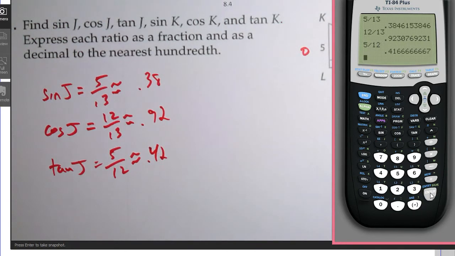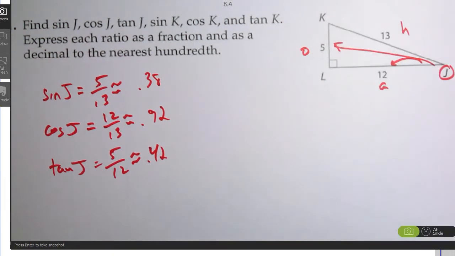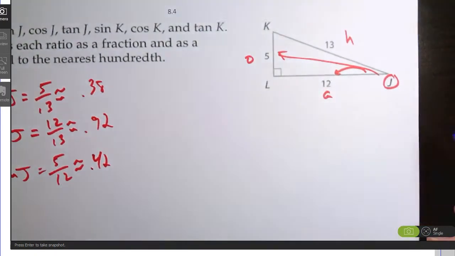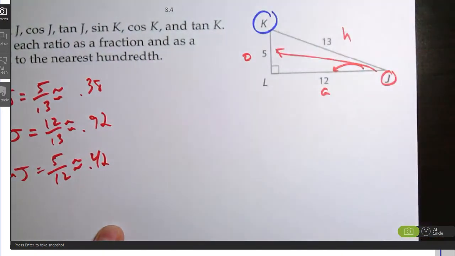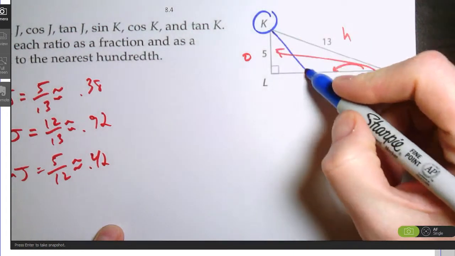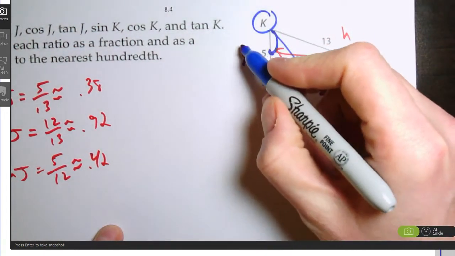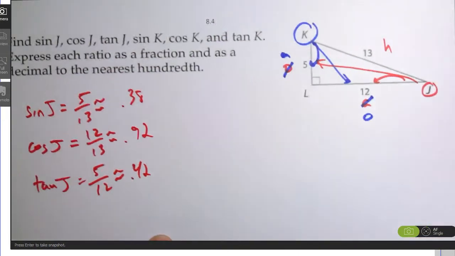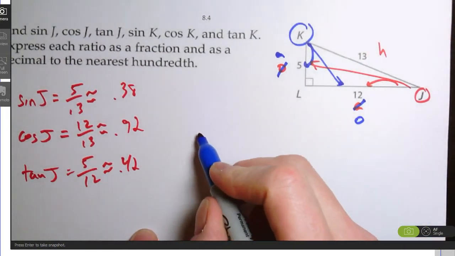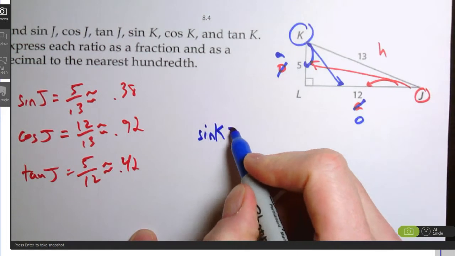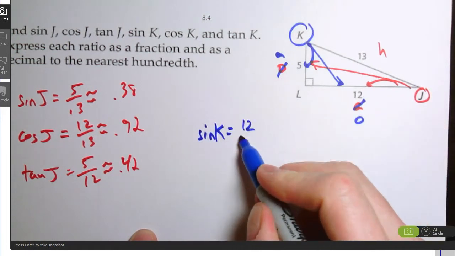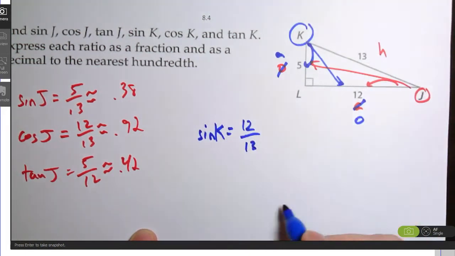Okay. Now the next part of this is to do sine of angle K, cosine of angle K, and tangent of angle K. Where here's angle K. That's now the opposite. This is now the adjacent. So the sine of angle K will be opposite over hypotenuse, which is 12 over 13.